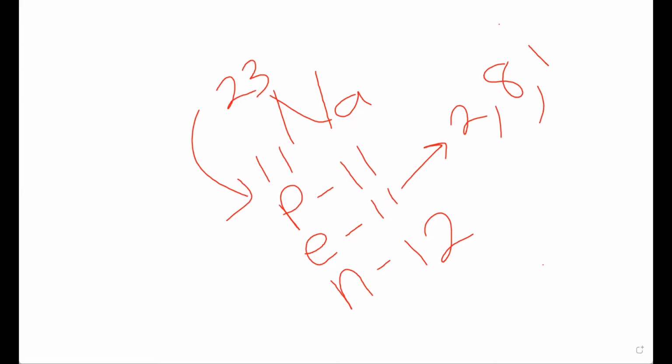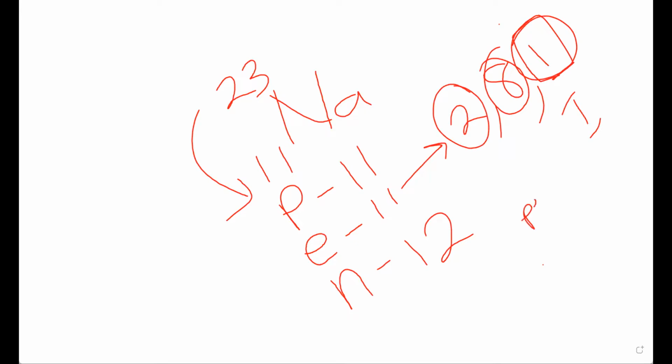By seeing the electronic configuration, this belongs to group 1 because there is 1 electron in the last shell. There are 3 shells with electrons, so this belongs to period 3. We all should understand this one.